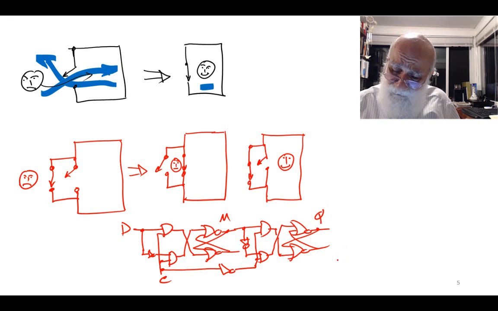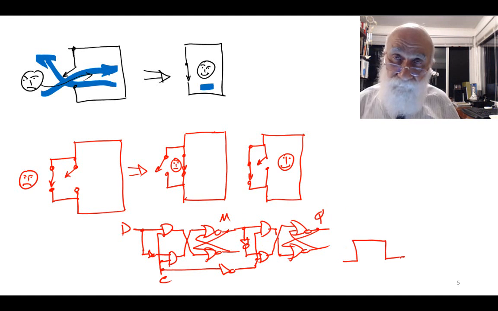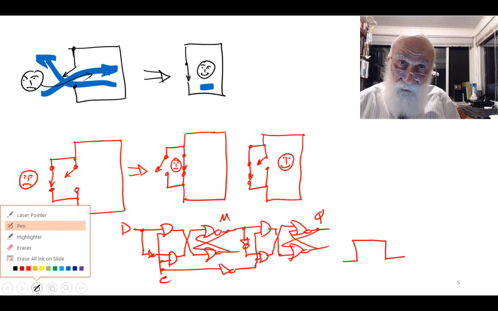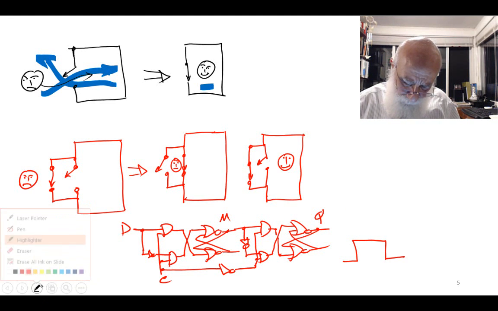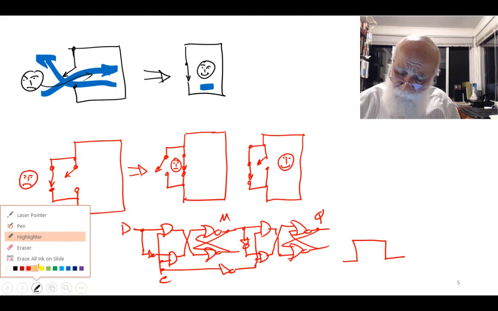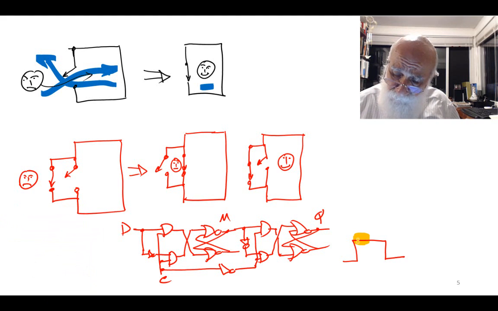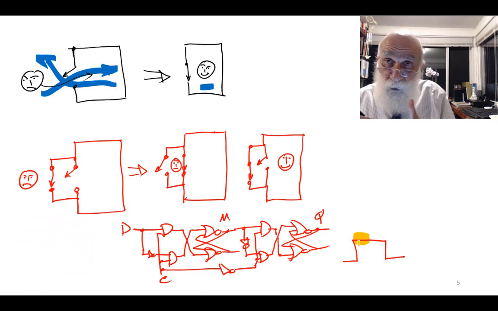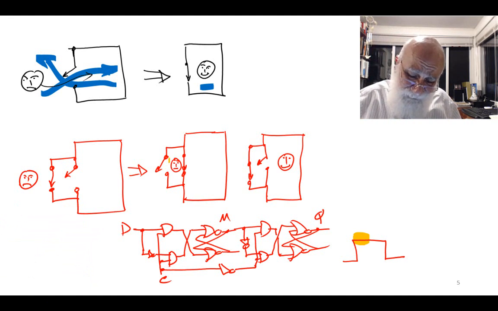Now what happens when I give it the clock? Okay, when I give it the clock, clock becomes 1. The D input goes halfway, meaning this situation here.